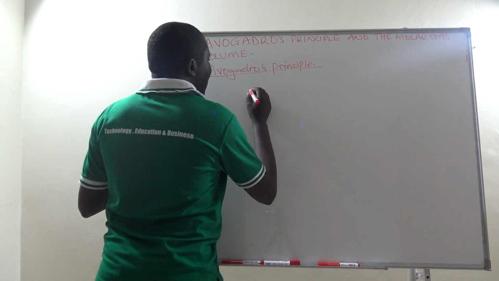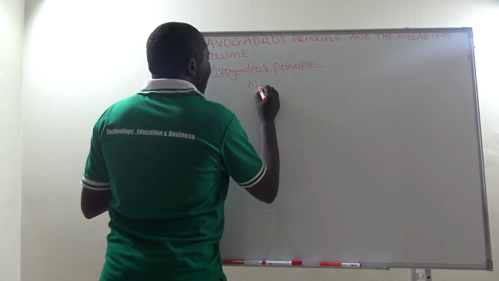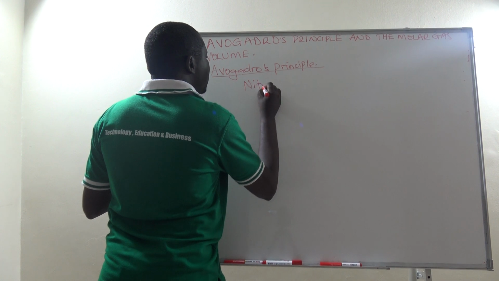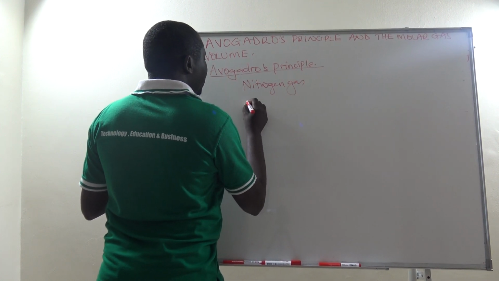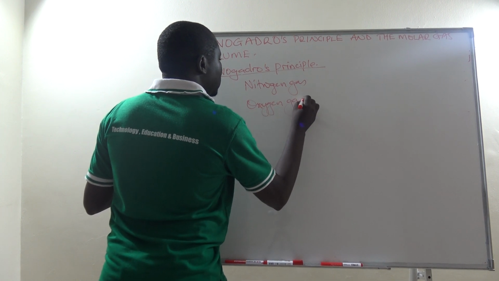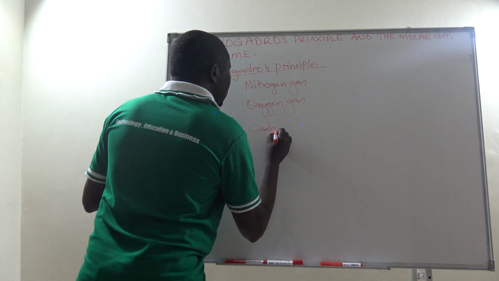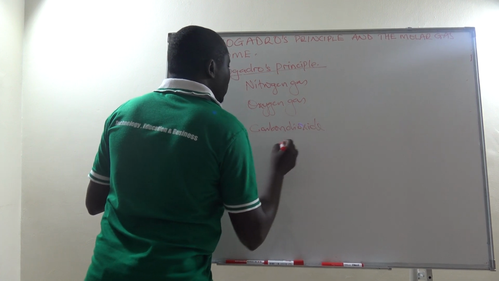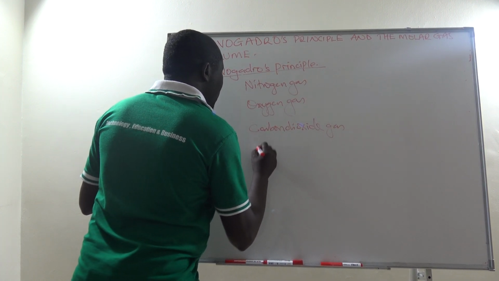He picked different gases. Let me assume that Avogadro used nitrogen gas. He picked oxygen gas. He picked, say, carbon dioxide gas. He picked, say, ammonia gas.